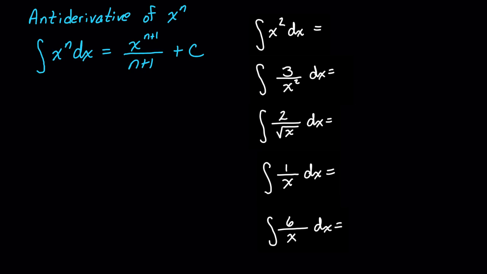Antiderivative, let's think about this for a minute. If you have just x, and I want to know what is the antiderivative of this, well, the antiderivative would have to have an exponent that is 1 larger than this exponent. So the exponent would have to be a 2. And then if I take the derivative of this, I need to be able to get this value right here.